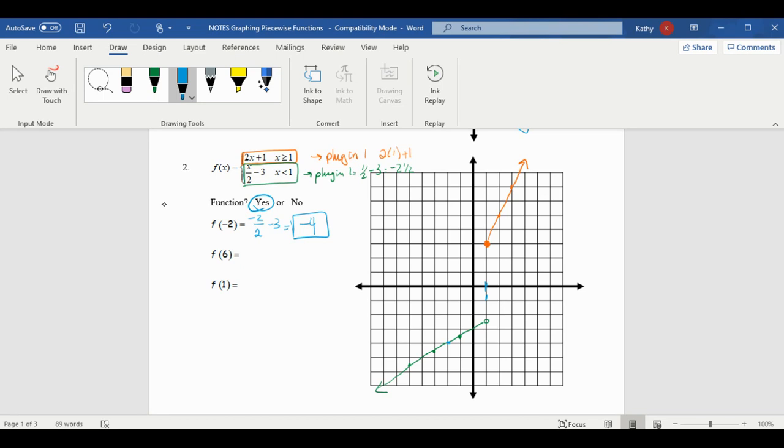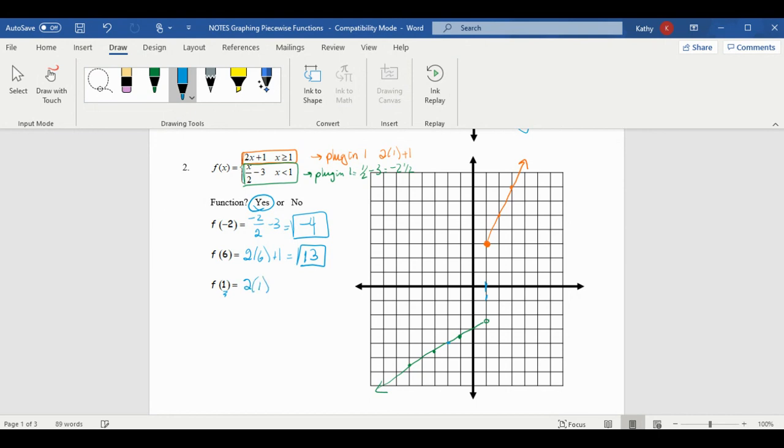When x is 6, evaluating the domain value of 6, that is part of our orange graph. So we plug in 6, we get 2 times 6 plus 1 gives us a value of 13. Off the graph, but that's okay, we can still evaluate. And last but not least, f of 1. 1 is only part of the orange one.